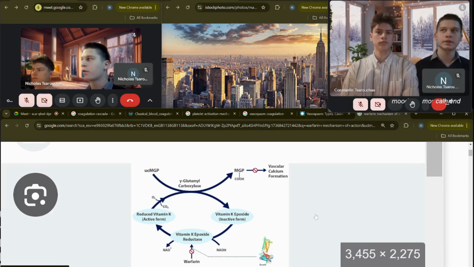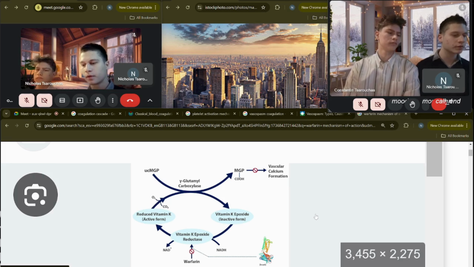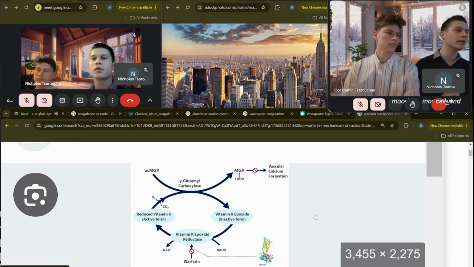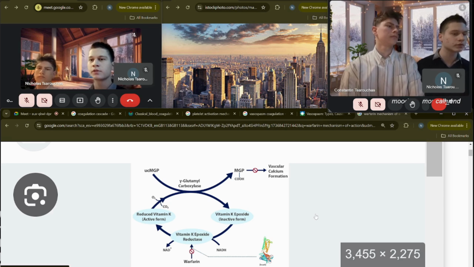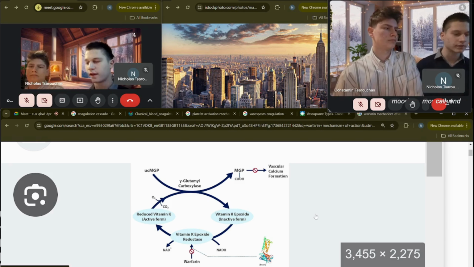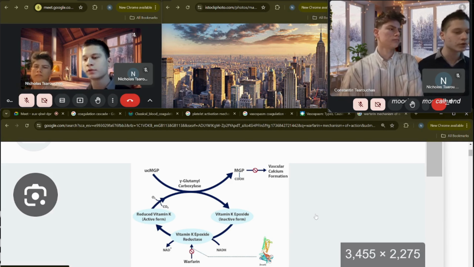What this means is that you're unable to activate your clotting factors into the proper form so that they can interact with calcium and phosphatidylserine to undergo the coagulation cascade. So you're making your coagulation factors inactivated, non-functional, or less effective, and really slowing down your coagulation cascade.